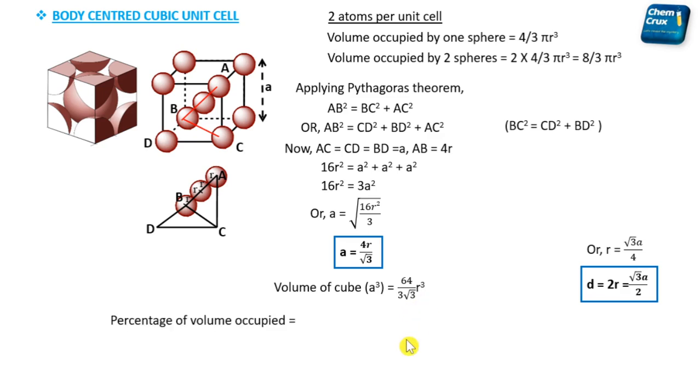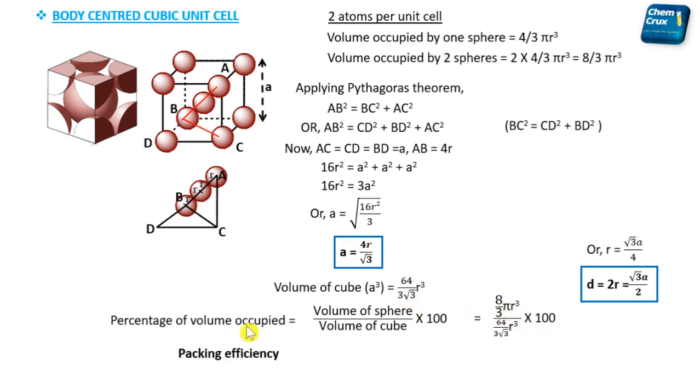Now if we calculate percentage of volume occupied, which is given as volume of sphere by volume of cube into 100, we will get 8 by 3 pi R cube by 64 by 3 root 3 R cube into 100.